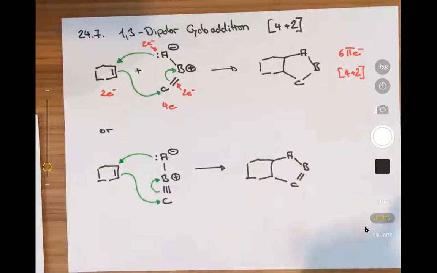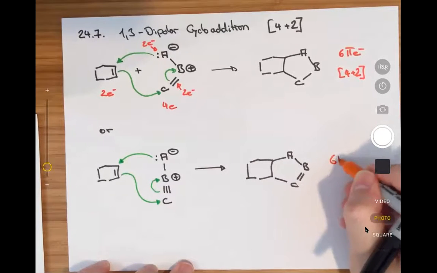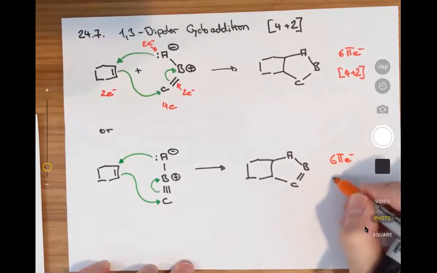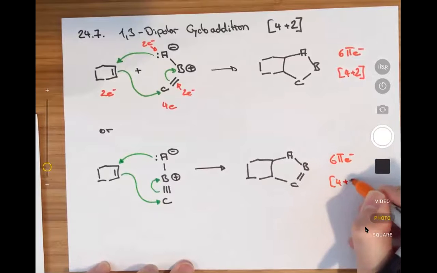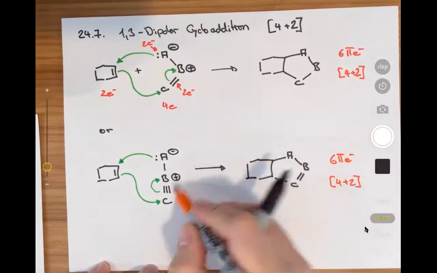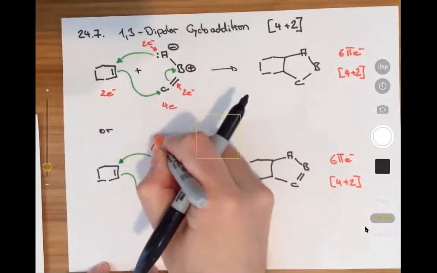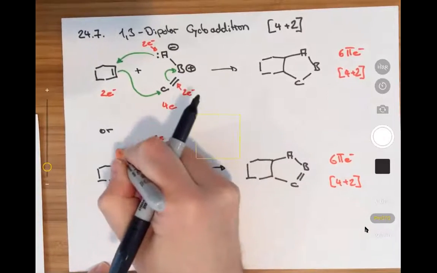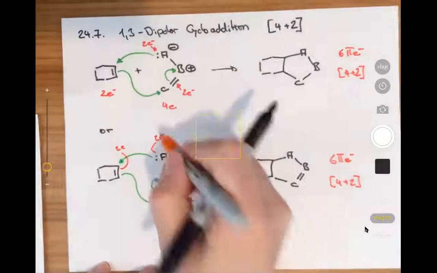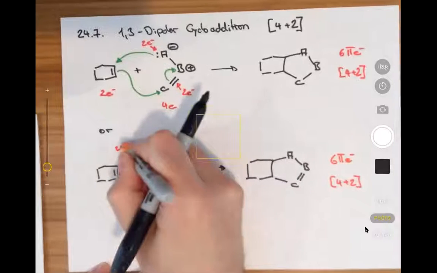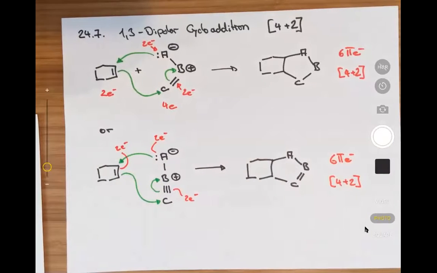And again, this is still a 6-pi electron system and falls under the 4+2 electron rule. So you would have 2 electrons here, 2 electrons here, and 2 electrons here, right? So it still basically falls into the same category of reactions that we were dealing with before.